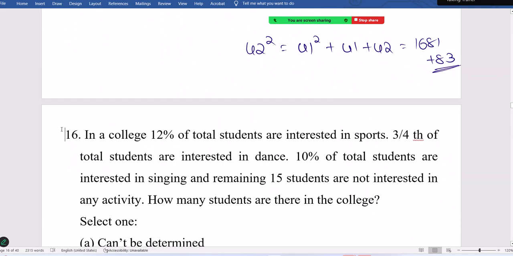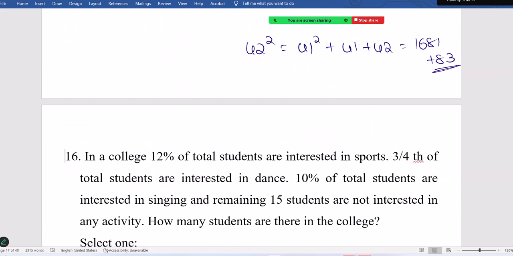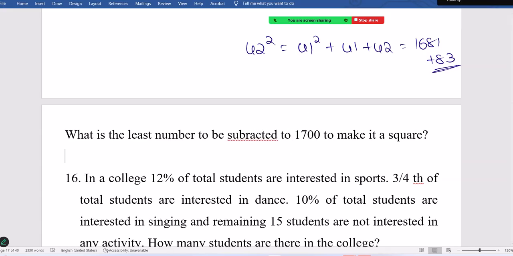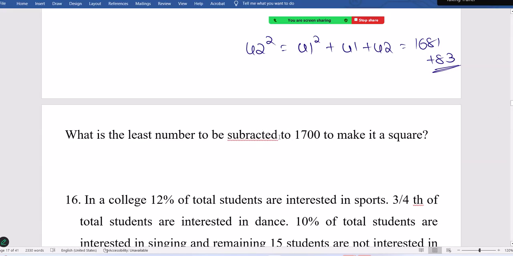Now what is the least number to be subtracted to make it a perfect square? The answer must be 19, since 1681 is a perfect square, which is 41 square.